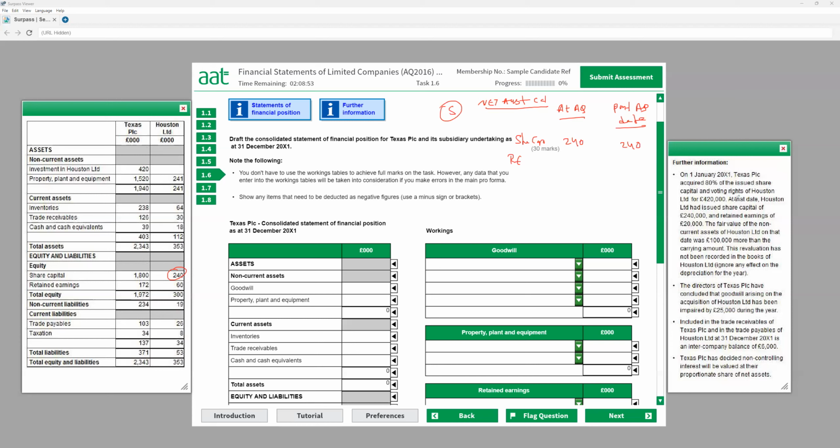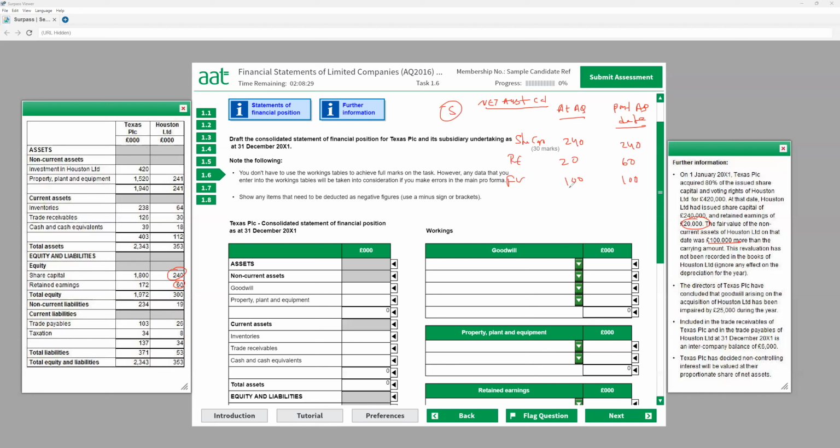At the date of acquisition, we have 20. And at the post-acquisition date, at the year end, it is 60. Then we have a fair value adjustment, 100. Is there anything else? I think that's it.